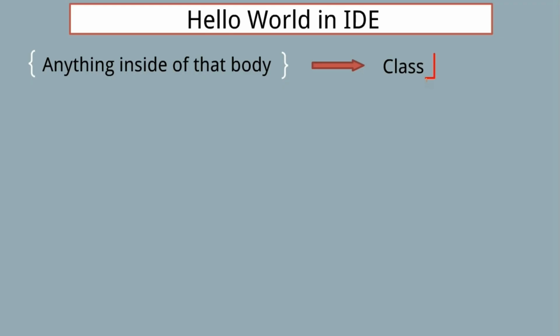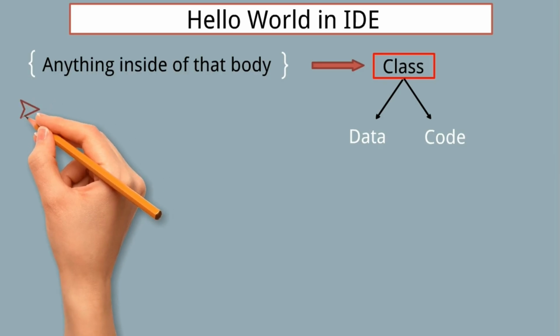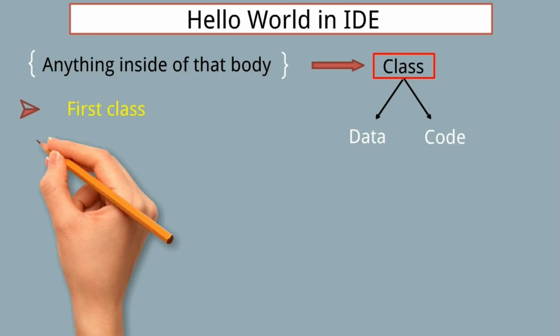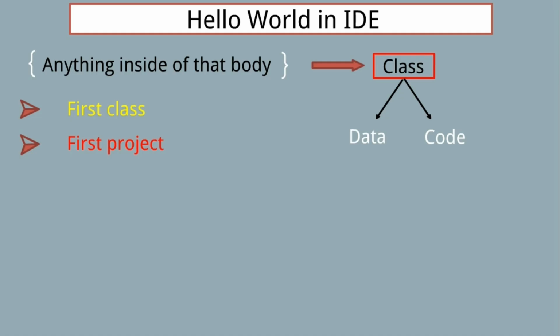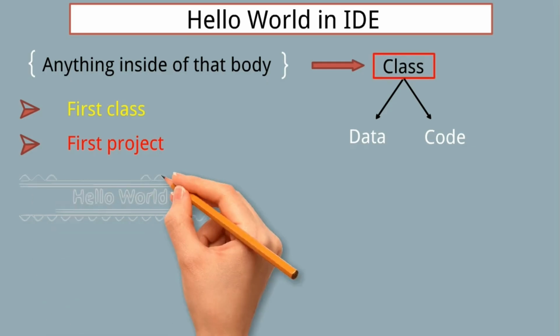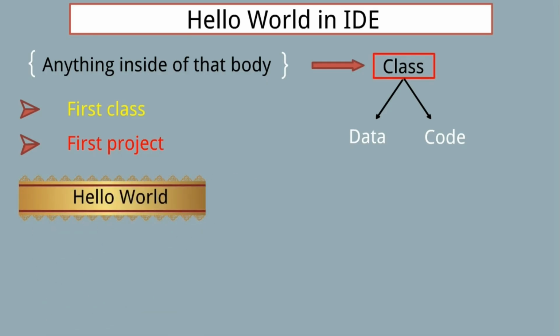As we progress through the course, you will see that a class can include both data and code. In this case, we have a clear definition of our first class and our first project. You can also see that this class contains a main function that prints the hello world message.